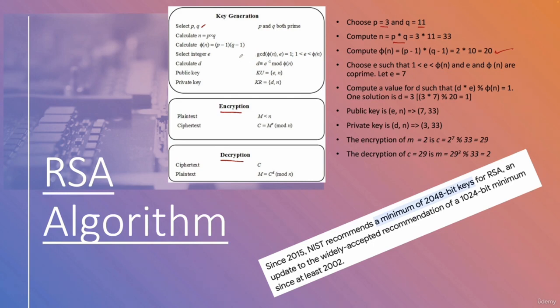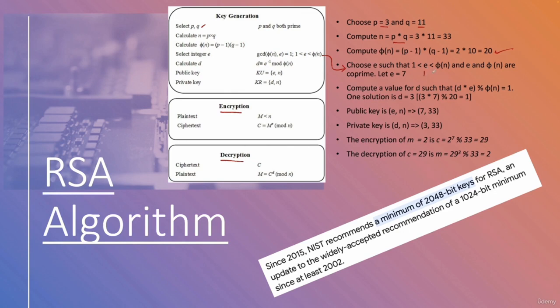Then it says you need to select an integer e. How is that integer e related? The whole thing can be translated as: choose e such that 1 is less than e is less than phi of n.